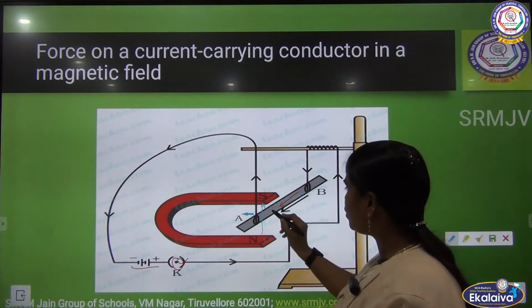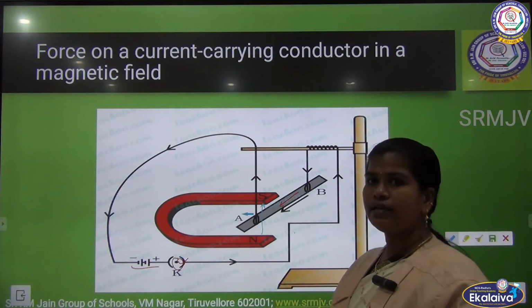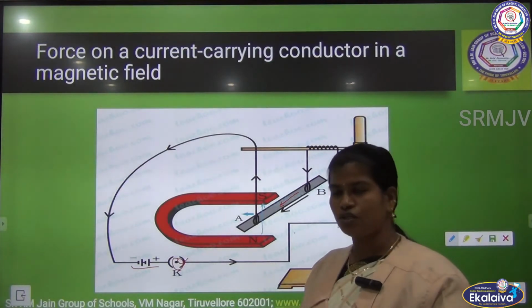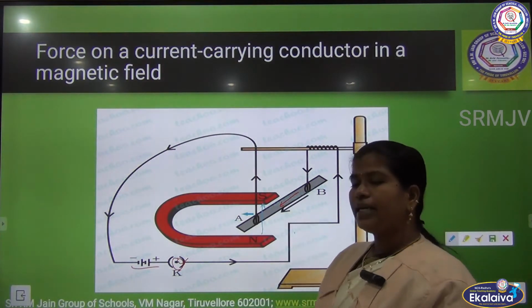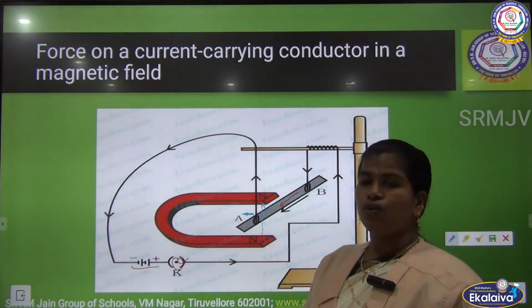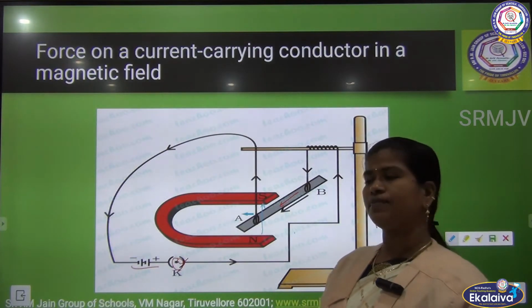In this region, the current as well as the magnetic field are perpendicular to each other. When they are perpendicular to each other, force is exerted.